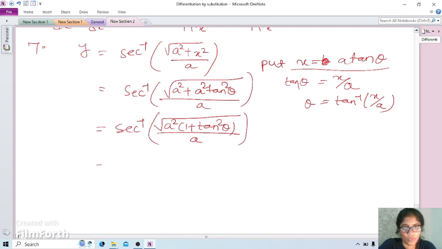Now taking it upside, which equals a square by a square plus x square into 1 by a. Here one a is cancelled, which equals a by a square plus x square.